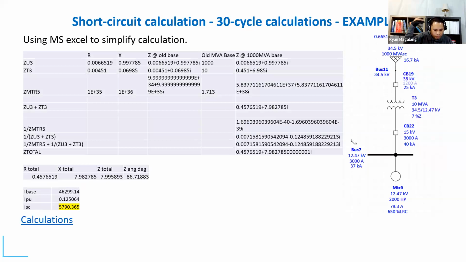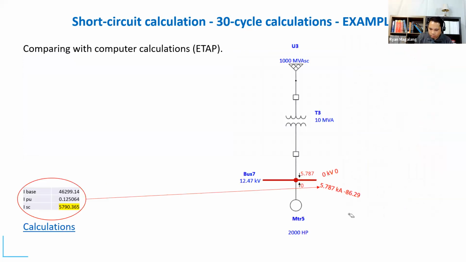Same idea, same calculation. But this time what happened is the motor no longer contributes to the fault. The fault contribution is solely coming now from your utility. The motor field has totally collapsed and is no longer contributing fault current into the system.